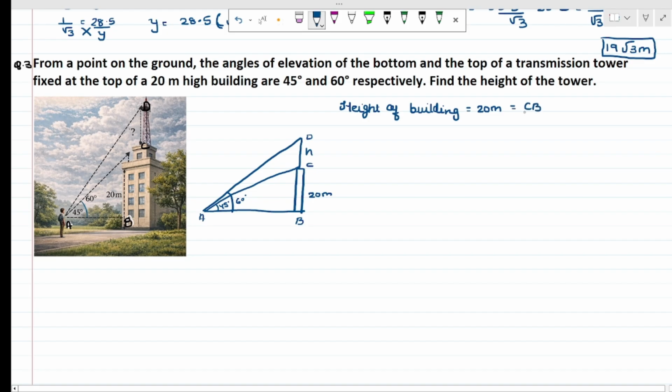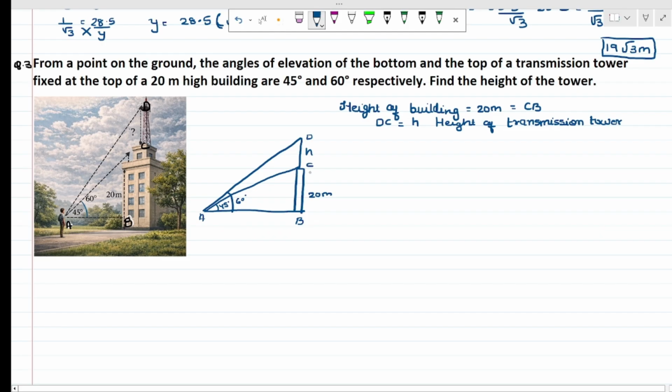So right over here it's CB. And we are taking DC equal to H. That means this is my height of the transmission tower. Clear?